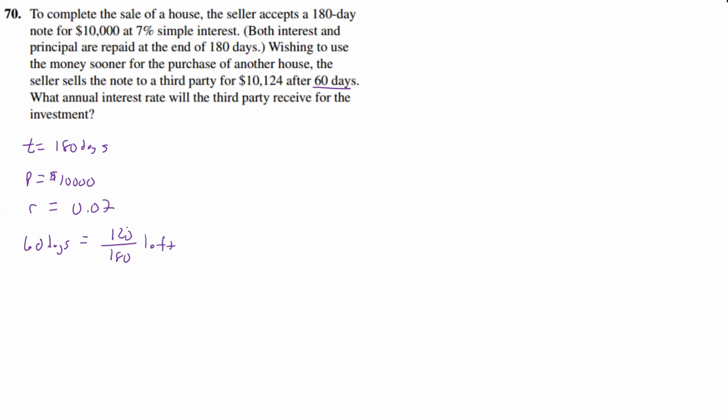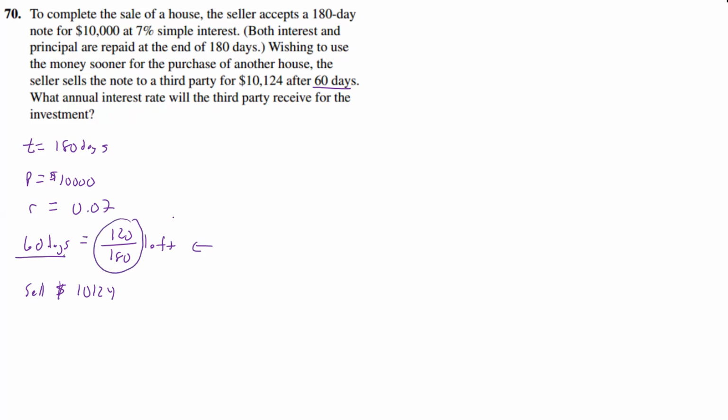There's 180, so there's 120 out of the 180 left. And it's going to sell it for $10,124. So the key here is after 60 days, there's that many days left.